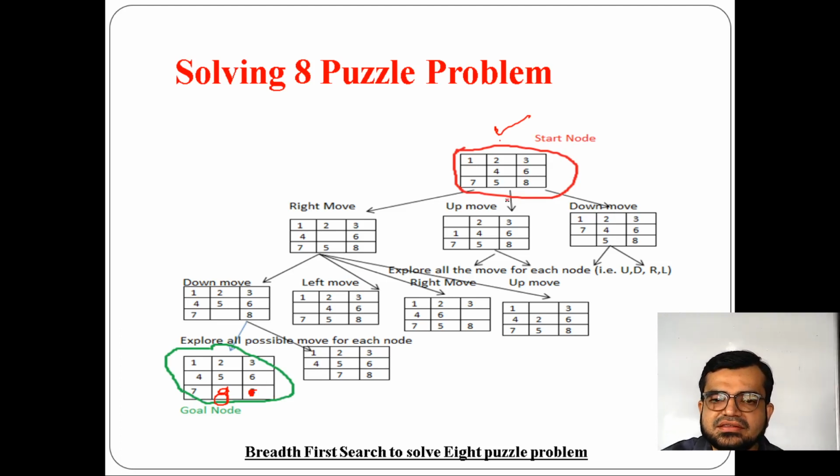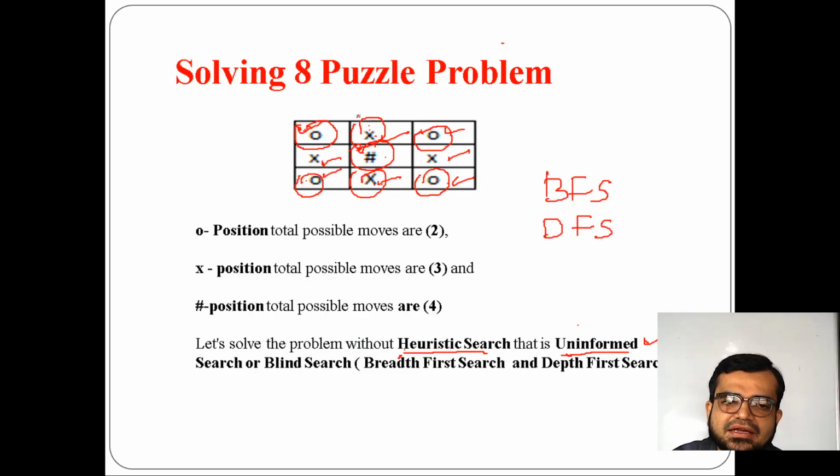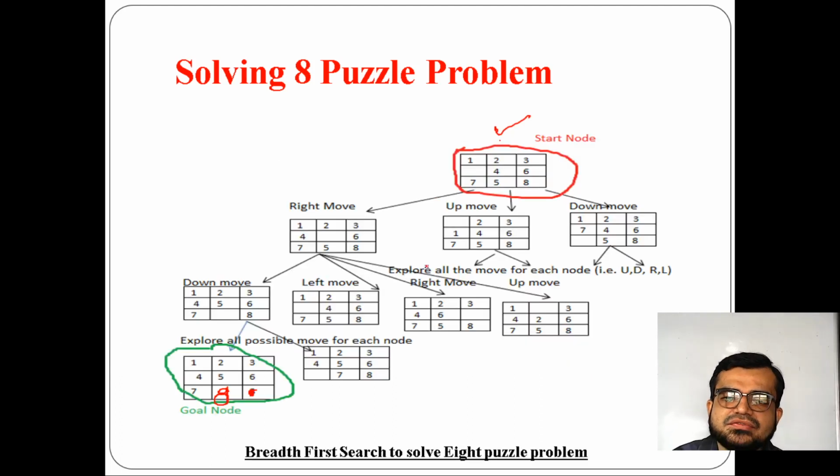Now the start node is there, and the empty tile is in this location. As I said, consider this x position. X position means how many moves can I take? 3 moves. What are the 3 moves? I can move the empty tile either right, up, or down.